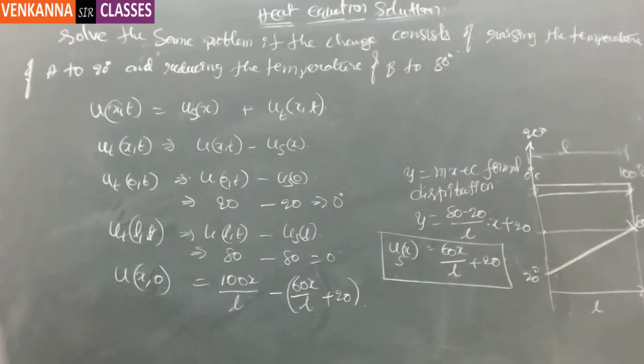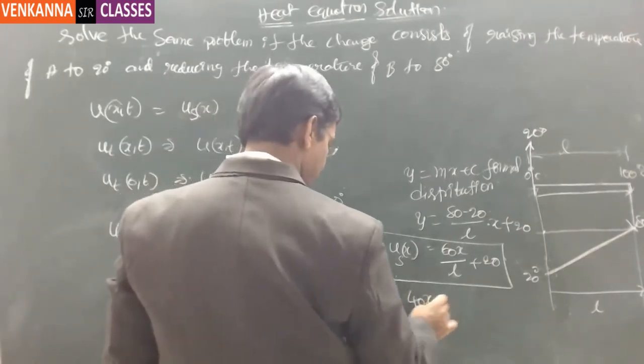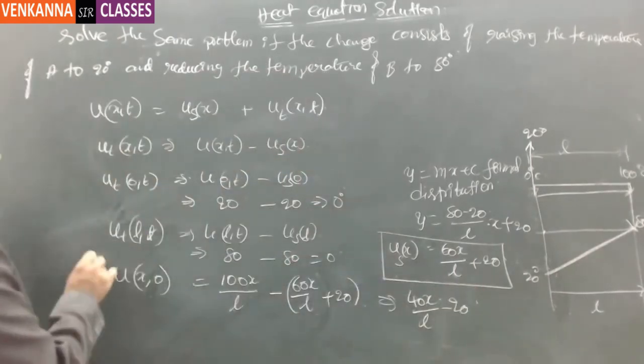Got it? So this is the initial condition for us. This initial condition is 100 minus 60, that is 40x by L minus 20. So this is u of x comma 0.